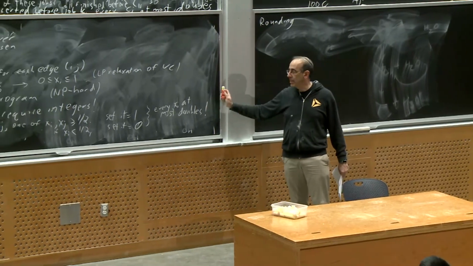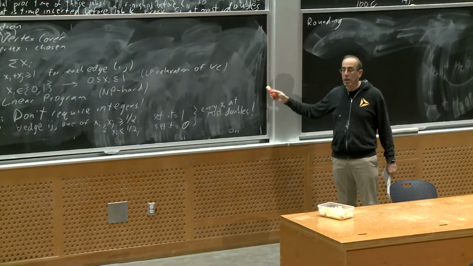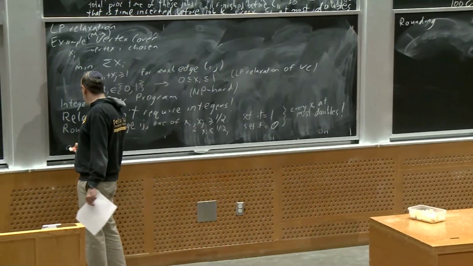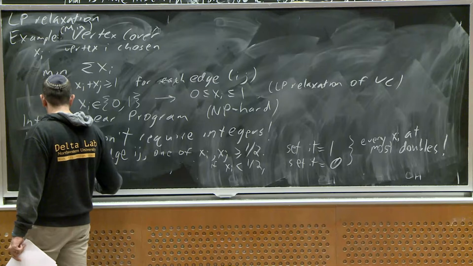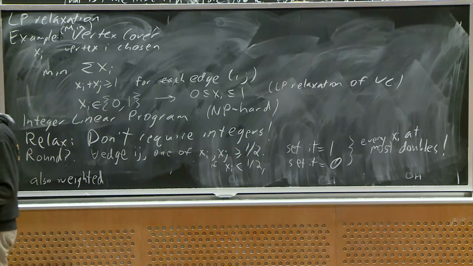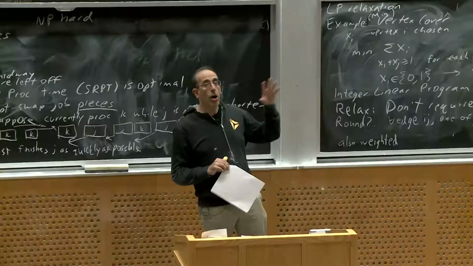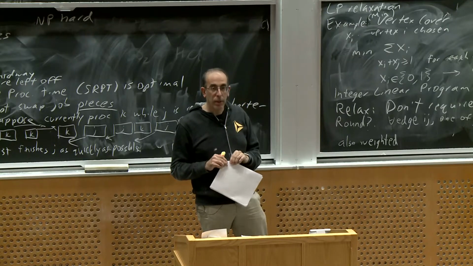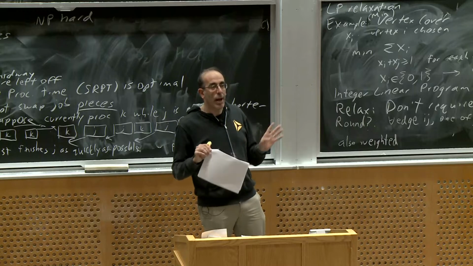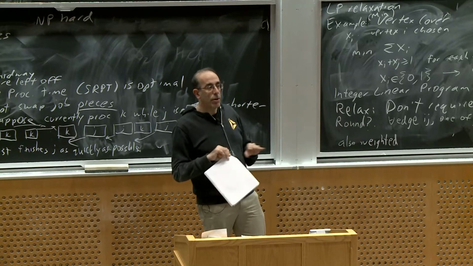Now I'll note, this is actually better than we had before because this particular algorithm also handles the weighted version of the problem. Okay? Where there are costs for different vertices, and you want to minimize the cost of your vertex cover. If you have costs or weights wi on the vertices, how do you generalize this approach?